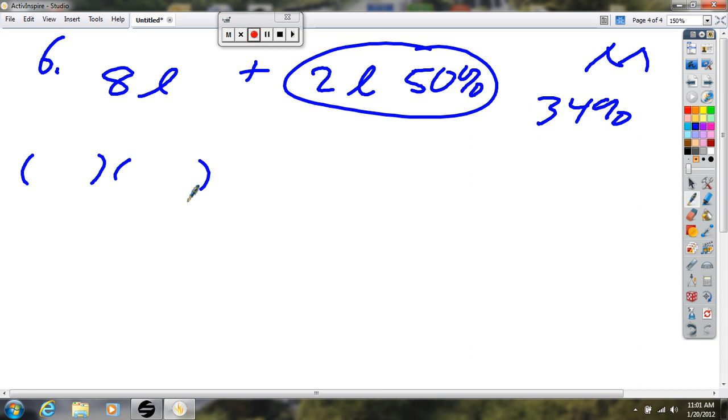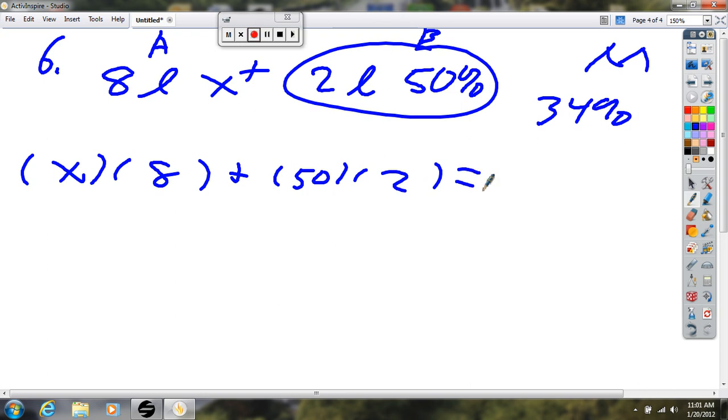Percentage of A, right? 8 liters of A, 2 liters of B. So this amount is the x, that's what we're looking for. So this is 8 liters, x percent, plus 50% of 2 liters equals 34% of what? 8 here, 2 here, is 10. And there's our setup.